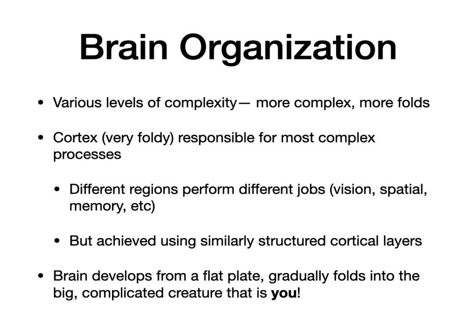But within that, different regions perform different jobs. So vision and spatial processing, memory, all these things. But they achieve that using similar structures of cortical layers. So they have a lot of the same machinery, even though they're doing wildly different jobs.